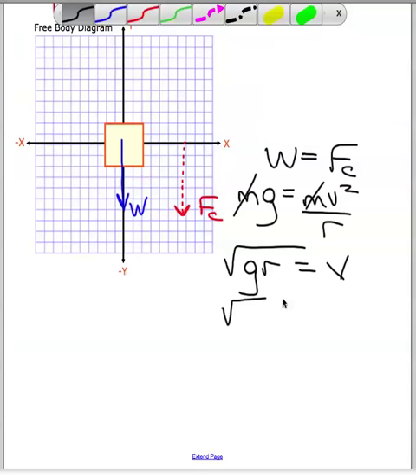We're ready to substitute. g is, of course, 9.8 meters per second squared, and we're going to multiply that by our radius of 95 meters.